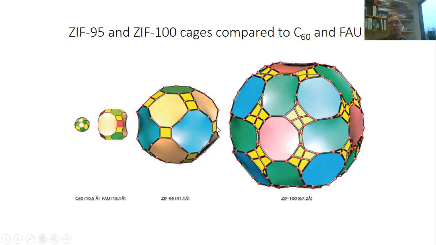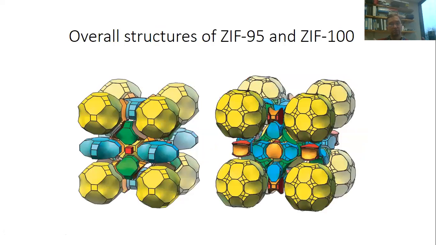You see ZIF-95 already dwarfs that with a diameter of 4.1 nanometers, and even larger is ZIF-100 with an outer diameter of 6.72 nanometers. Then these already large cages are arranged into even larger unit cells containing multiple of these cages that are interconnected by smaller cages. You see how this is being realized for ZIF-95 and ZIF-100 respectively.